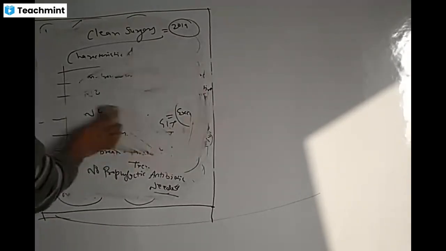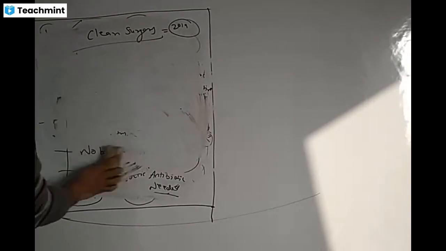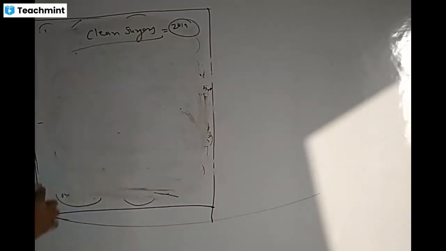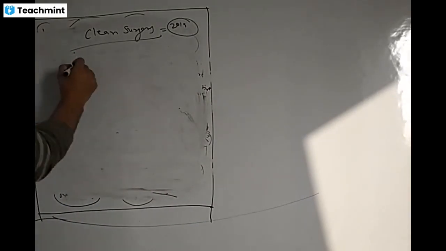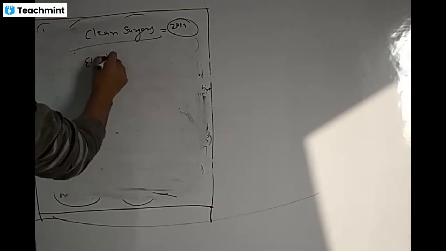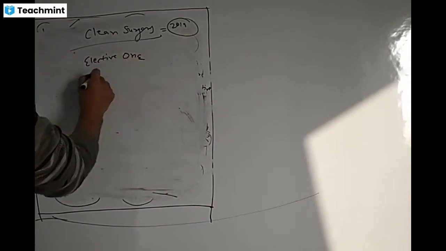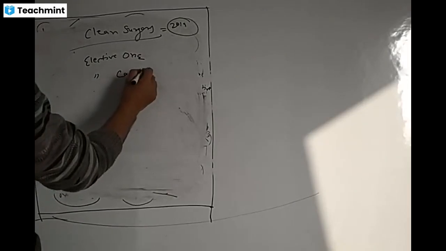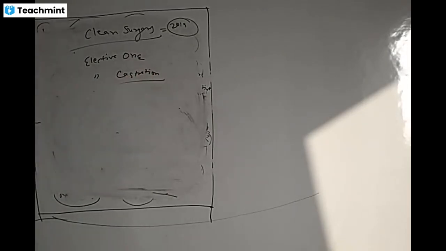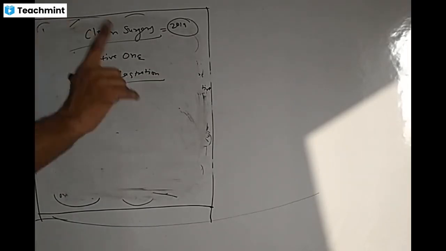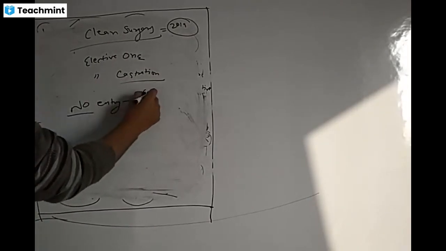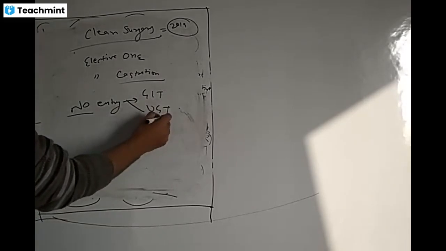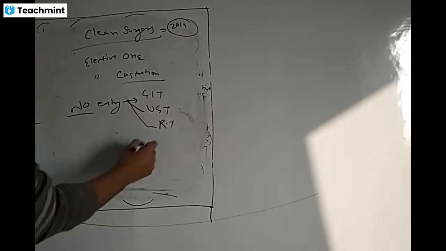So in case of clean surgery, the best example is your elective OHE, elective castration. See, in the definition we have said in clean surgery, there is no entry to GI tract, no entry to urogenital, and no entry to respiratory tract.